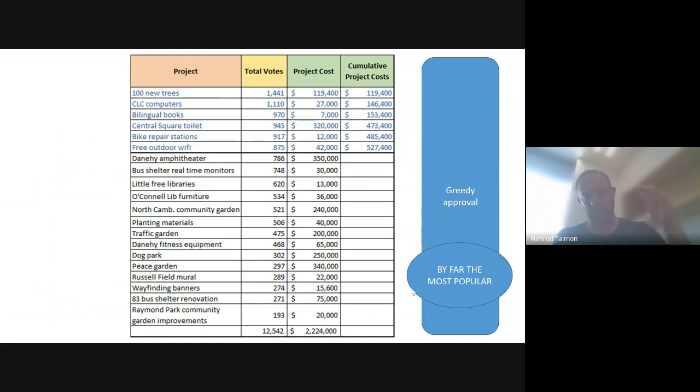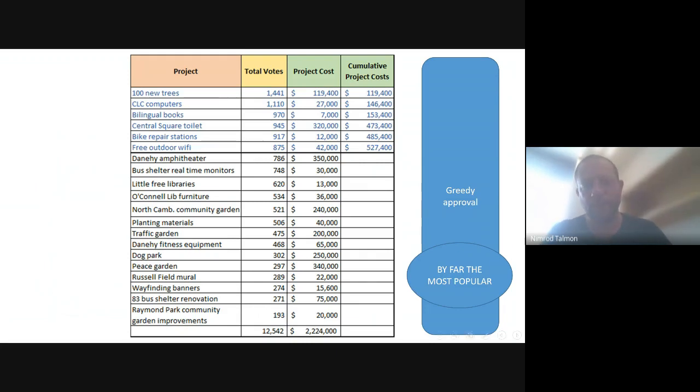And then what the algorithm does, it takes all of the ballots, it computes how many votes each one of the projects got, and then you order the projects by this number of votes in decreasing order, and you start to fund until you reach the point that there is not enough money left.